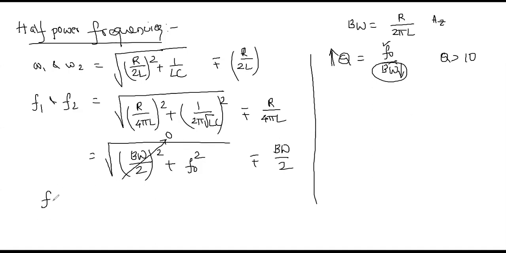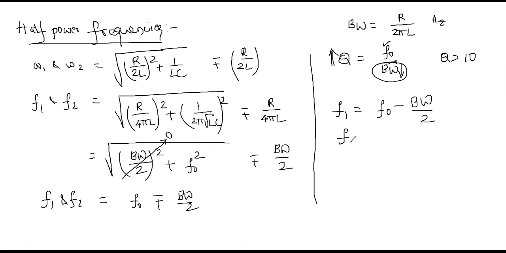In that case, the upper and lower cutoff frequencies F1 and F2 equal square root of f naught square, that is f naught, minus plus bandwidth by 2. So you can write the lower cutoff frequency f1 equal to f naught minus bandwidth by 2, and the upper cutoff frequency f2 equal to f naught plus bandwidth by 2 hertz.